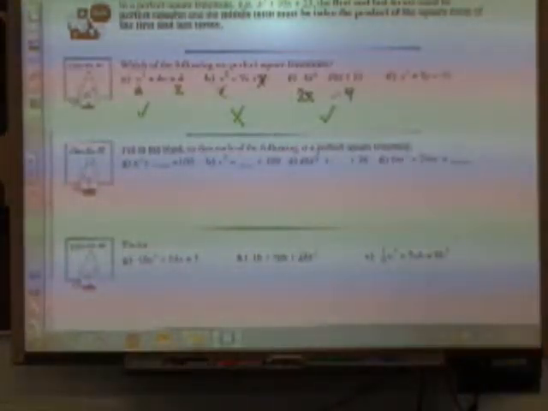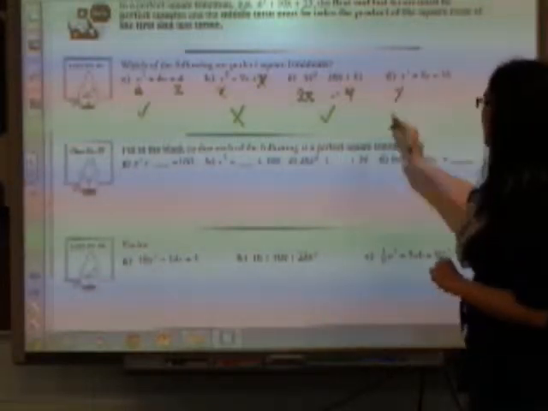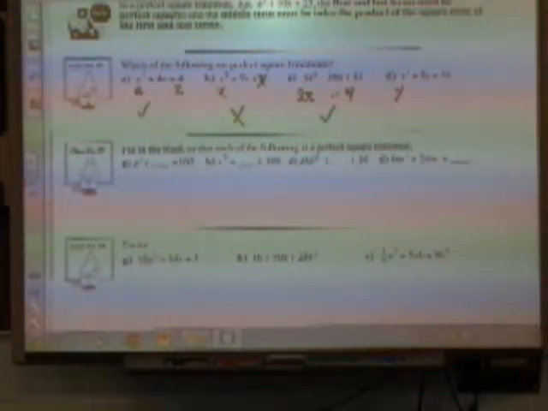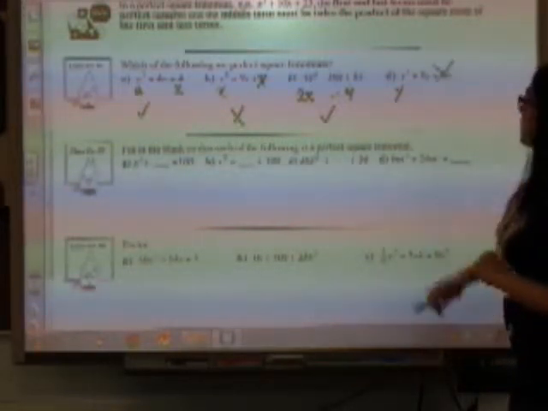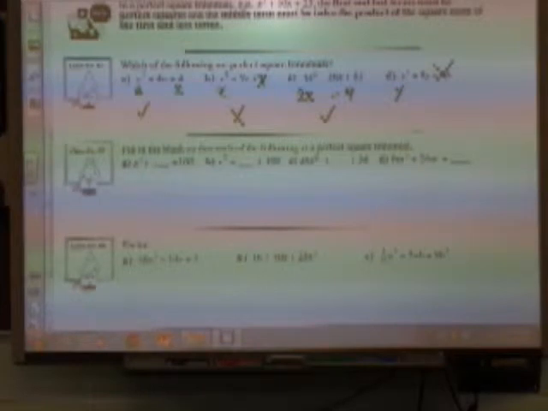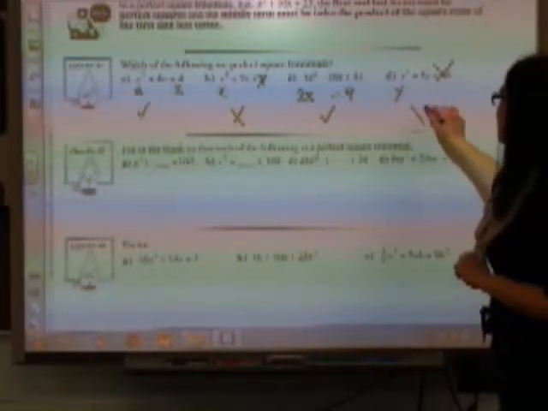If I look at the last one, can I square root y squared? Yep. Can I square root negative 16? No. I can't square root a negative number. This is not a perfect square.